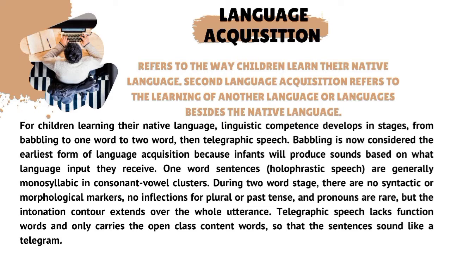During the two-word stage, there are no syntactic or morphological markers, no inflections for plural or past tense, and pronouns are rare, but the intonation contour extends over the whole utterance. Telegraphic speech lacks function words and only carries the open class content words, so that the sentences sound like a telegram.